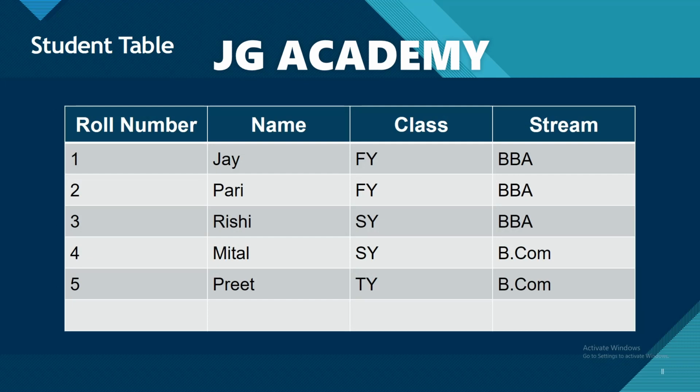Here I have created a student table. As you can see here, roll number, name, class and stream, these are all the fields of the student table, and all records, that is each row, row 1, row 2, are known as records of this student table.